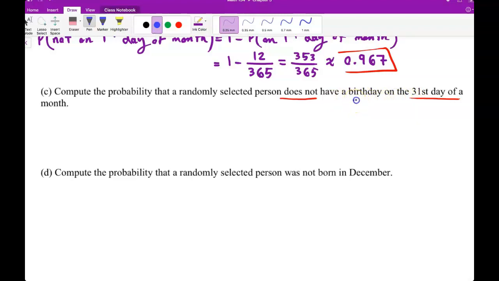We have January, March, May, July, August, October, and December. So in total we have 7 months.